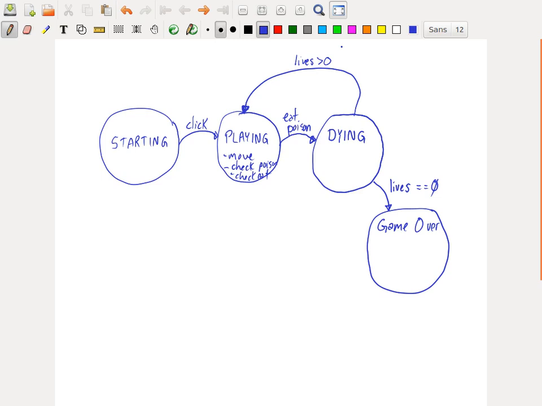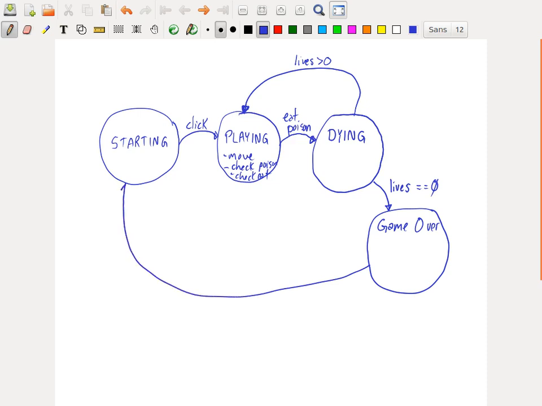And it's not clear, at least until we look at the code, what made that happen. It's clear that clicking is what made the starting happen. It's clear that eating poison is what made the dying happen. But why did we start playing again? What caused that to happen?